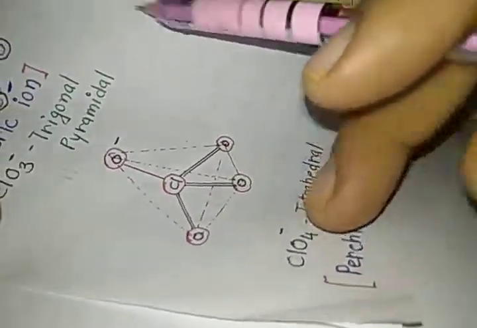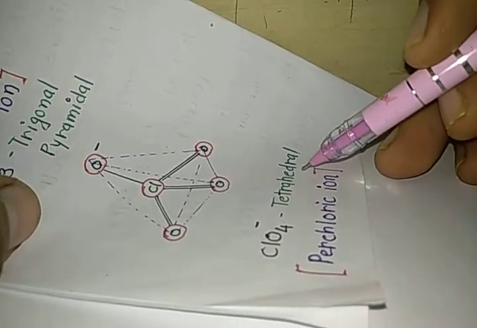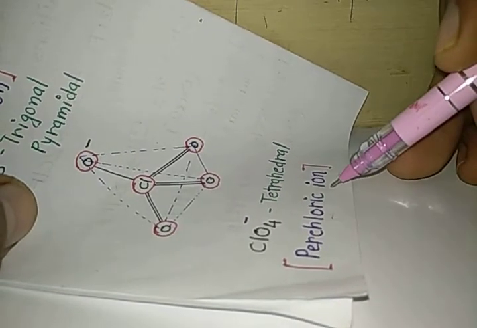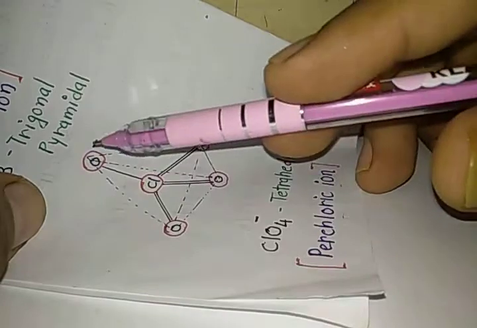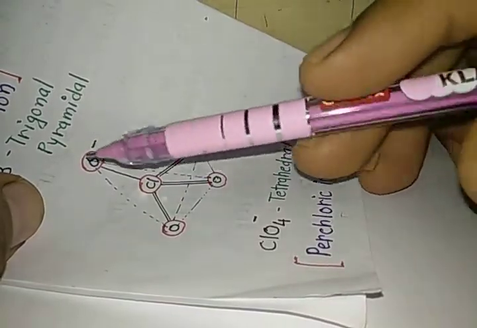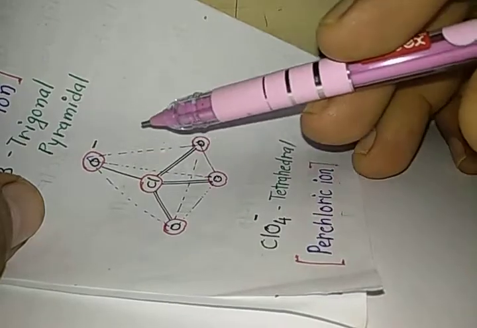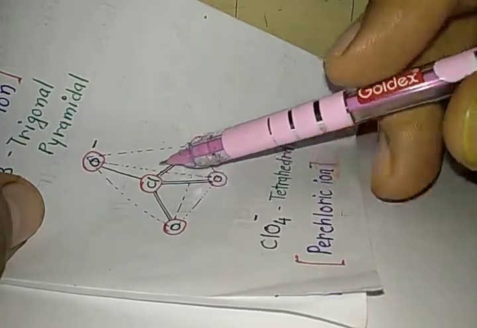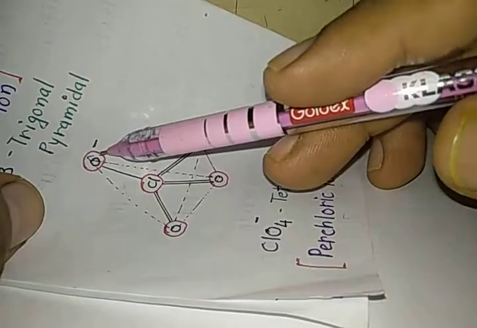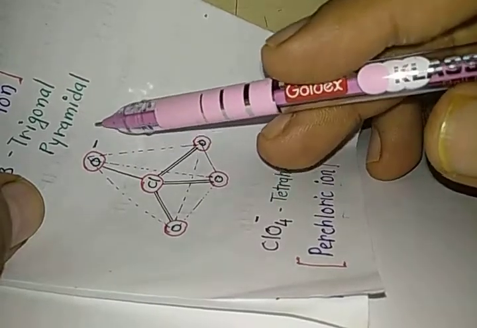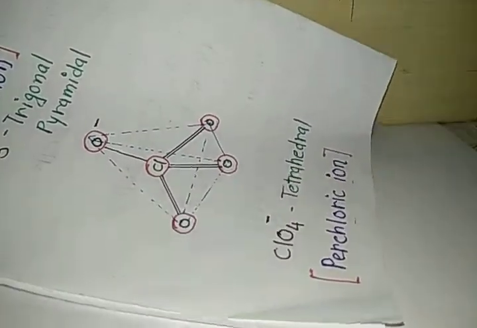And then finally we have ClO4 minus, which is the tetrahedral structure, also known as the perchlorate ion. On the four corners of the tetrahedron all four oxygens are placed, and we have Cl in the middle. This is a complete tetrahedron, and then one H is removed, so this oxygen has the negative charge.